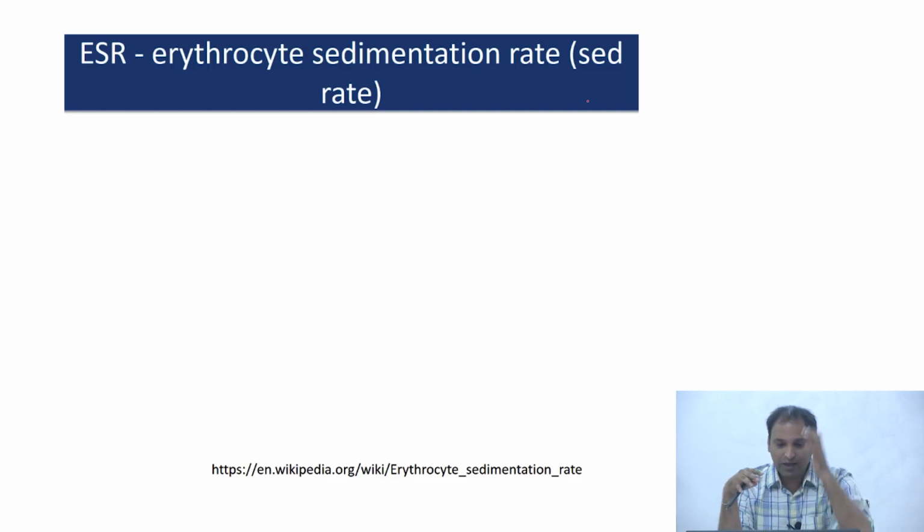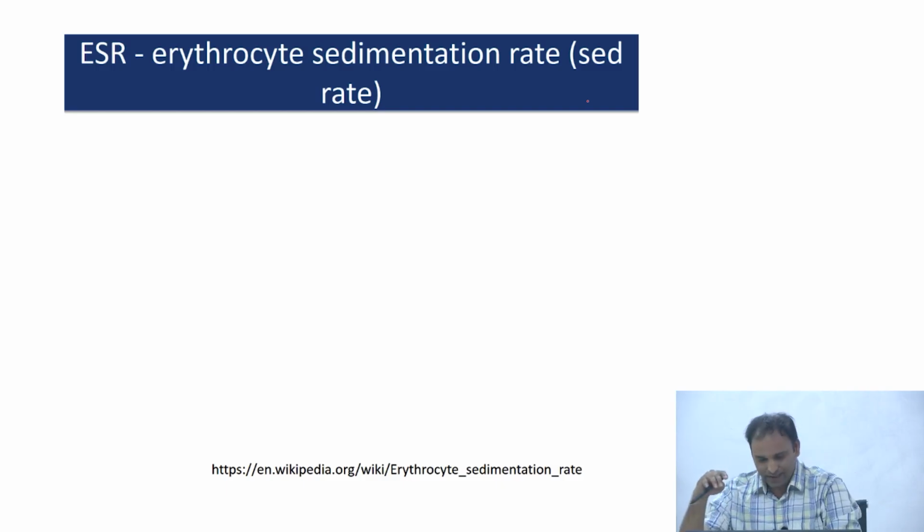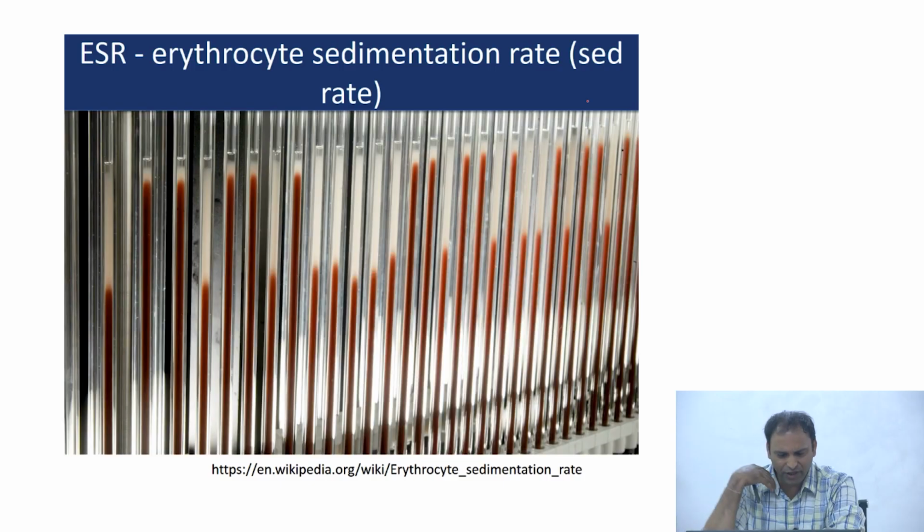And in that context, people do this. I picked up an image from Wikipedia, wherein these are basically capillaries which are filled with blood and made to sediment for some period of time, and you can clearly see that there's an interface between the clear capillary and the brown or reddish mark.